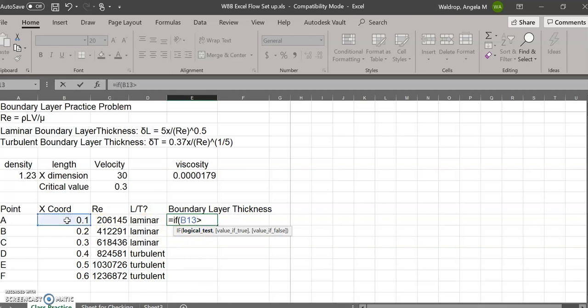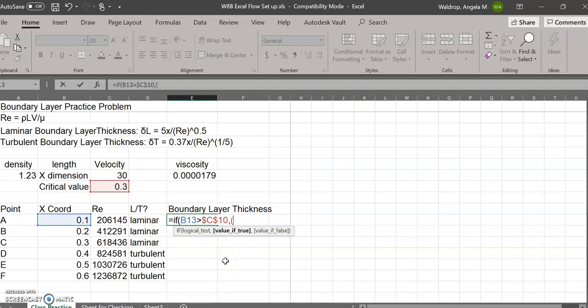If it is greater than this value, and I'm going to put my absolute reference in, that way I can copy and paste it. If it's greater, I'm going to do a calculation. Now I'm going to use these equations up here. So if it's greater, I'm going to do my turbulent calculation.